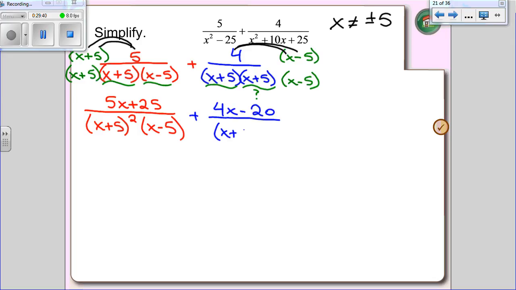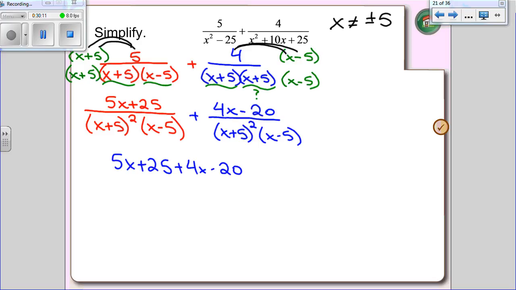Now that I have common denominators and my numerators have been simplified, I can combine these into one really big fraction. You combine them by adding the numerators, and the denominators just become 1. So I have 5x plus 25 plus 4x minus 20, all divided by x plus 5 squared, x minus 5.